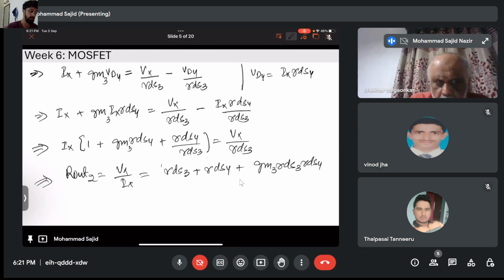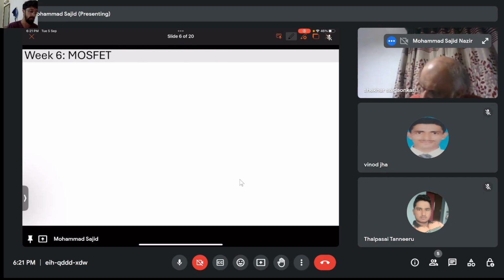So this is the resistance we got by using this analysis. Now one approach is that we will take the circuit that is like this.